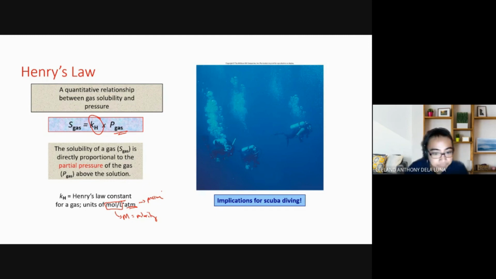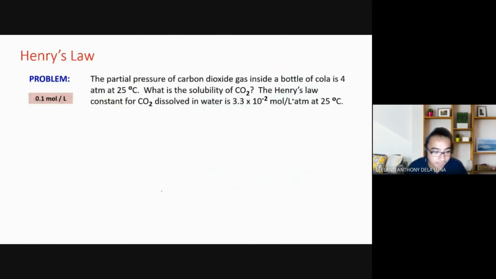So let's have a sample problem here, class. The partial pressure of carbon dioxide gas inside a bottle of cola is 4 atmospheres at 25 degrees Celsius, so regular room temperature. What is the solubility of carbon dioxide now?